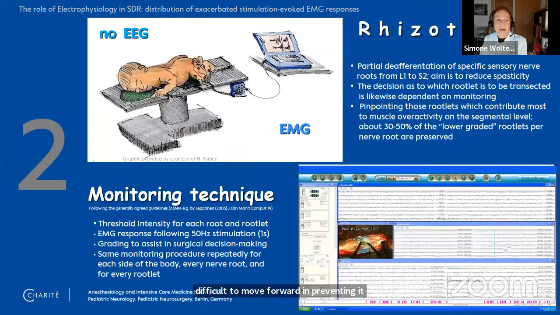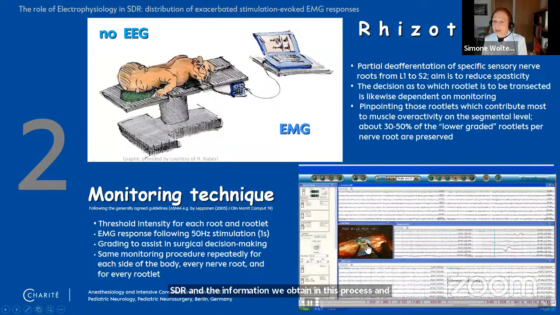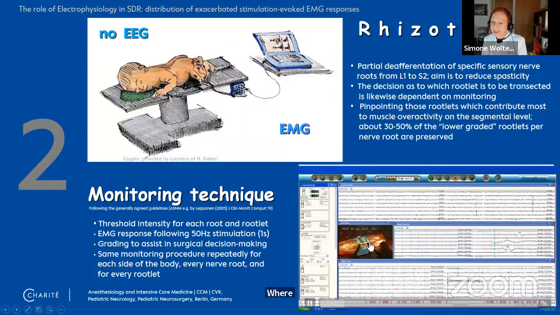So, getting back to our main subject, which is the role of electrophysiological neuromonitoring in SDR and the information we obtain in this process. In recording EMG responses, two different types of stimulation were administered to the sensory nerve root or to the rootlets.